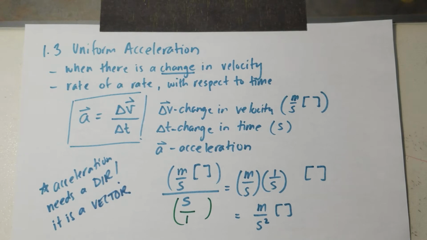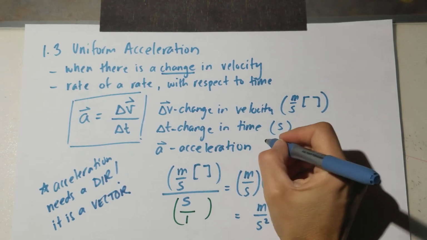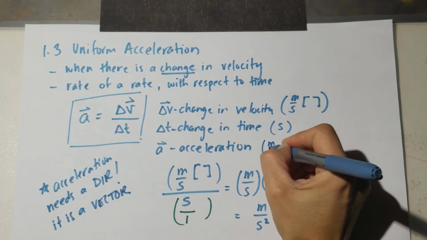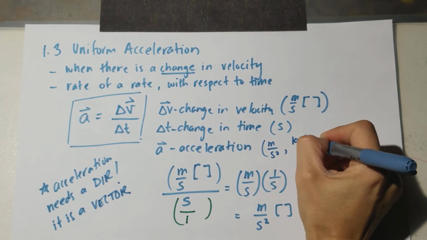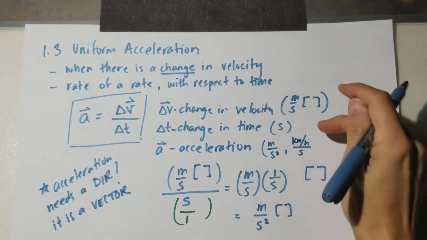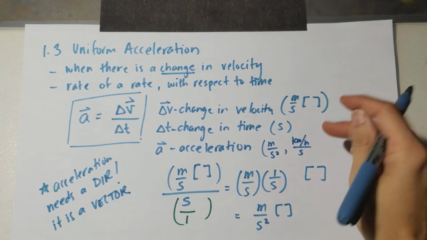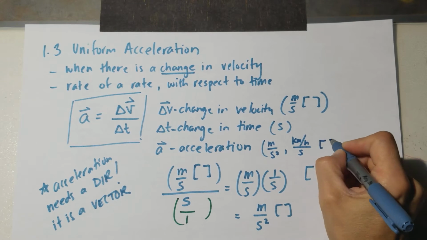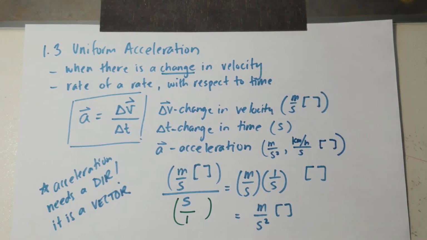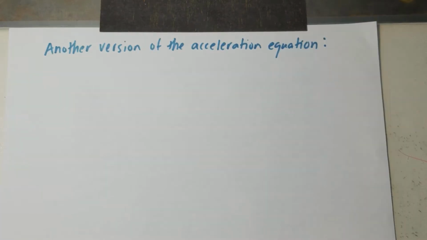But some other possibilities: we could do meters per second squared, or we could do kilometers per hour per second. As long as there's a velocity and then another rate as a time, then that works. And don't forget, it needs some direction. Okay? So pause it here if you need to catch up and copy.